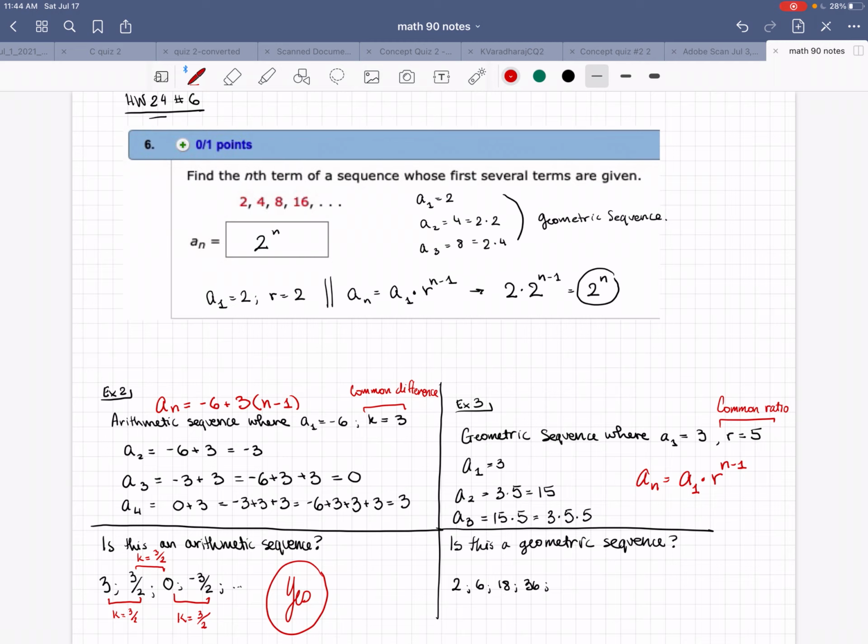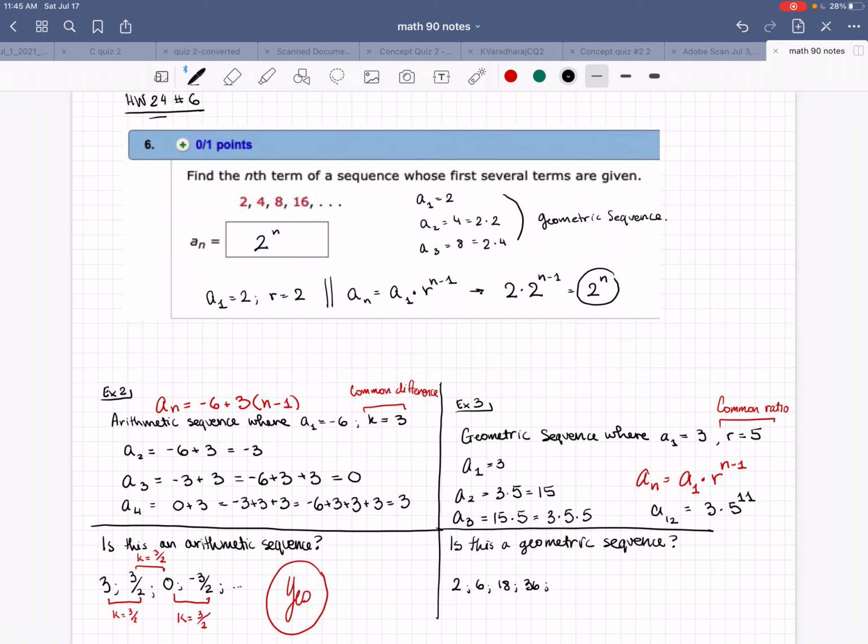So if I asked you, what's the 12th term here? Well, you would say that it's 3 times 5 to the 11th power. Of course, 5 to the 11th power is a very large number, so I'm not going to write it out in full, but that would be the 12th term.